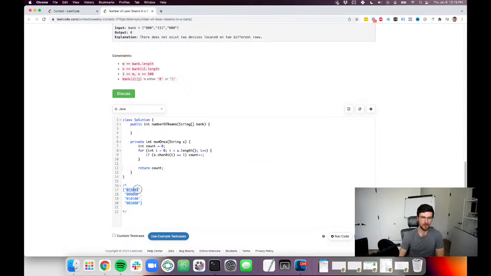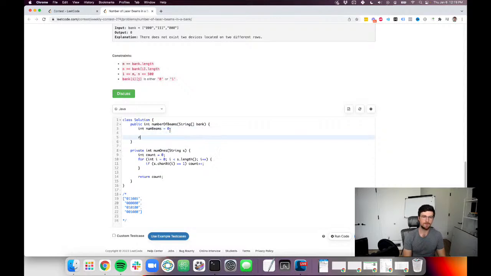Now all we have to do is iterate through the rows, right? I guess that's not even really necessary. I'll call it num beams equals 0, and then we might even want to do a while loop here.